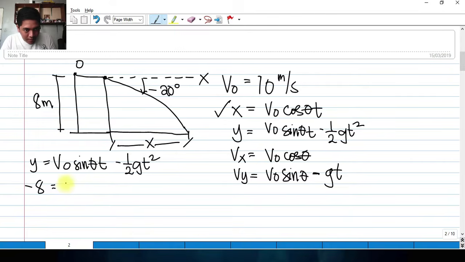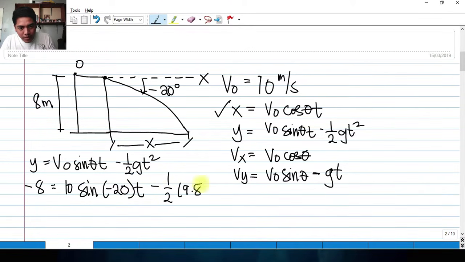So negative 8 equals v naught sine negative 20 times t, we don't know the time, minus 1 half 9.81 t squared. So if we're going to evaluate this, 10 sine negative 20, that is negative 3.42 t. And if you're going to evaluate, my mistake.